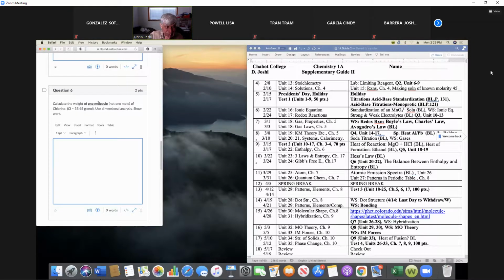Okay. So for this one, rather than doing 1 mole equals grams per mole, the whole setup for dimensional analysis, you just want the setup, the dimensional analysis, and the answer, and that's it. Yes.